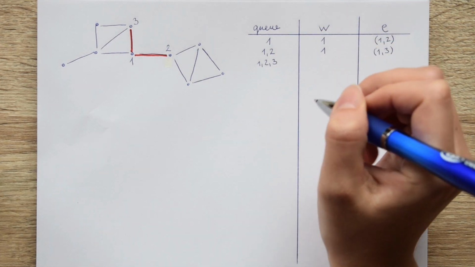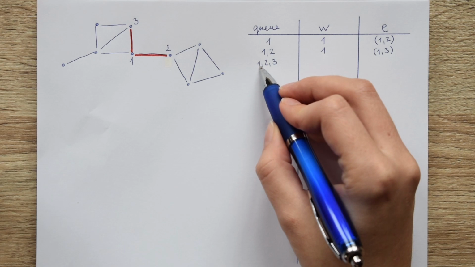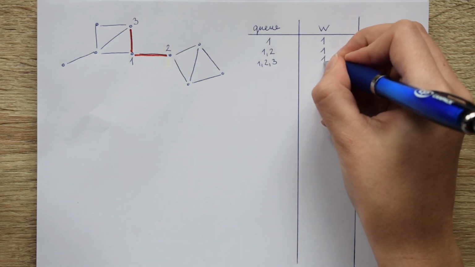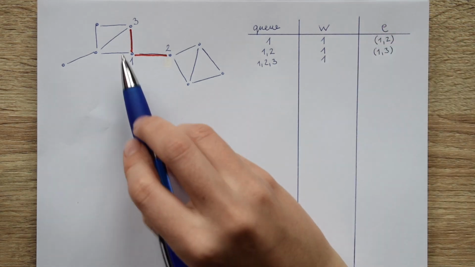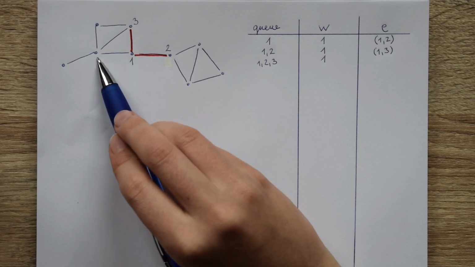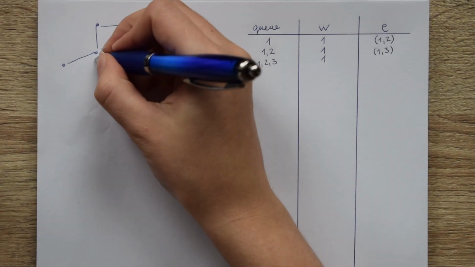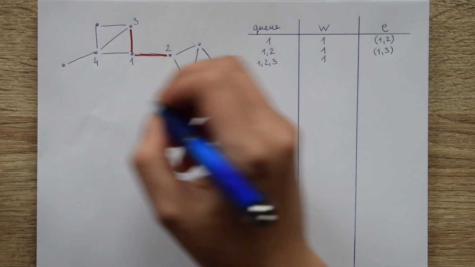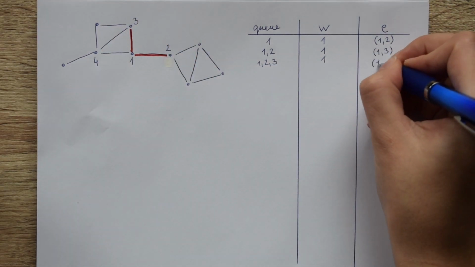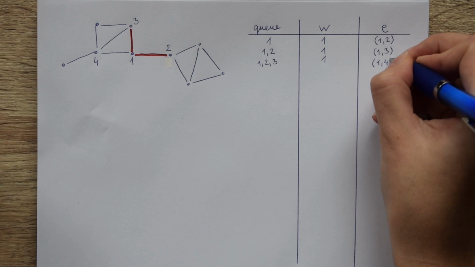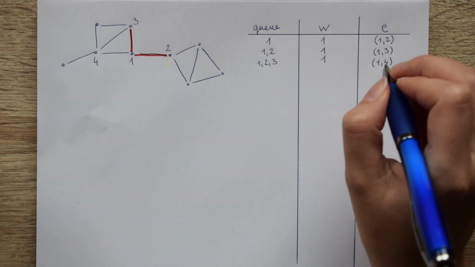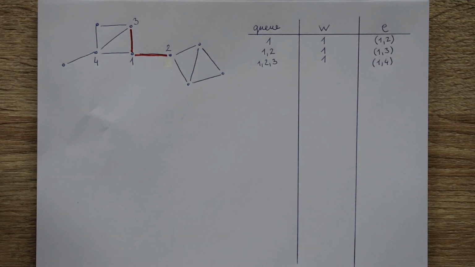But I still have node 1 as the one I'm discussing. So I ask again, is there any unmarked edge and node I can get from node 1 in one step? Yes, the last one. I mark this node as node 4 and add edge 1, 4 to column E. I also mark this edge in graph.